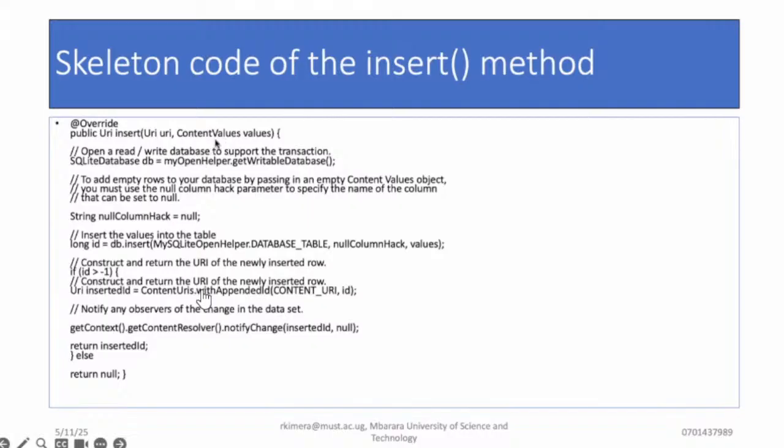So again, to transact or send this information, you must first of all open the database, and then this just passes an empty content column hack, and then we call the insert function, where we are saying DB, which is the database that we opened, dot insert, then MySQL open helper dot database table, because this is the table you want to add information to, and this is what we are trying to add, and then the values.